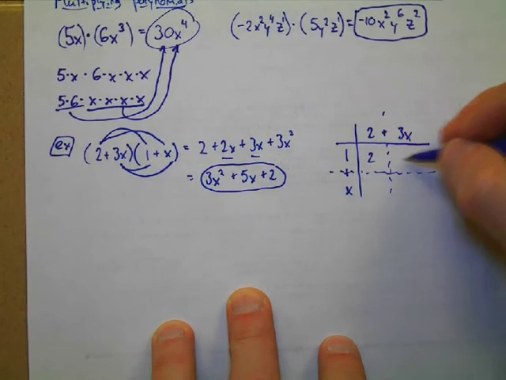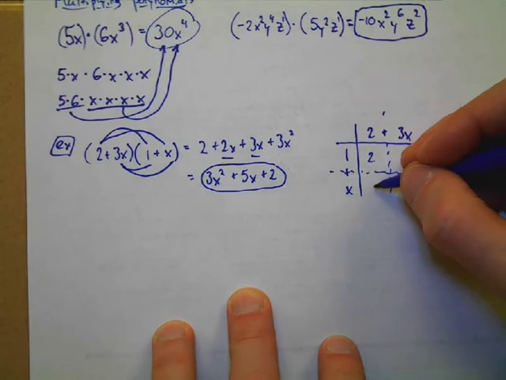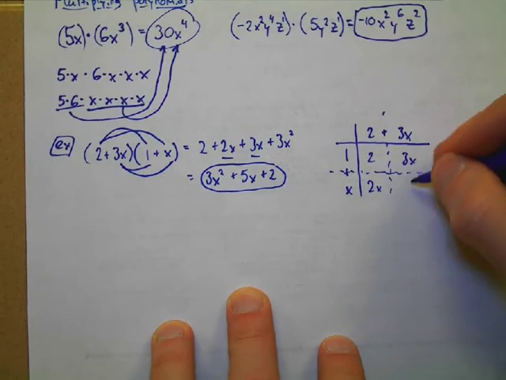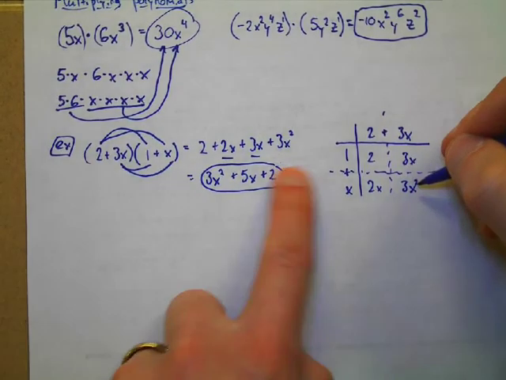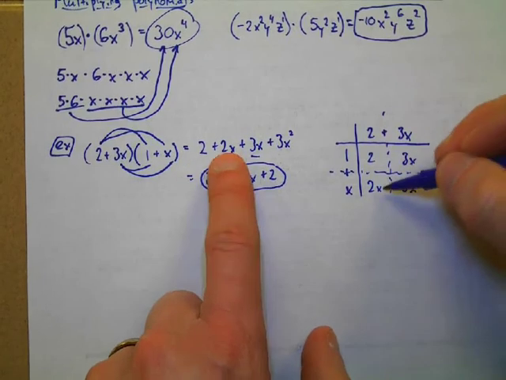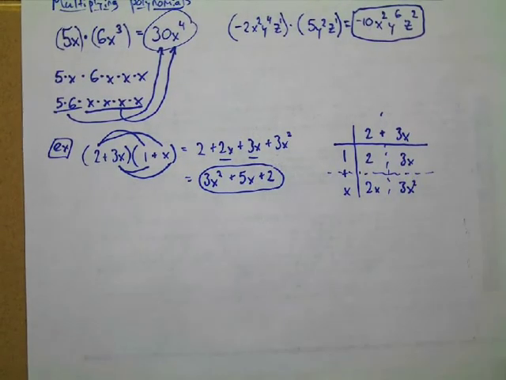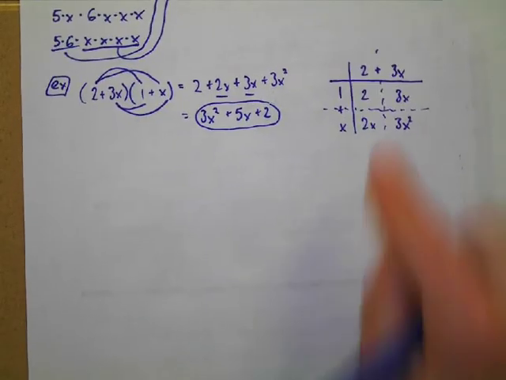For this cell, 1 times 3x, so 3x. For this cell, 2 times x, so 2x. And for this cell, x times 3x, so 3x squared. Then you combine all these with addition: 2, 2x, 3x, and 3x squared. That helps you organize your work, but it's your choice how you would do it.